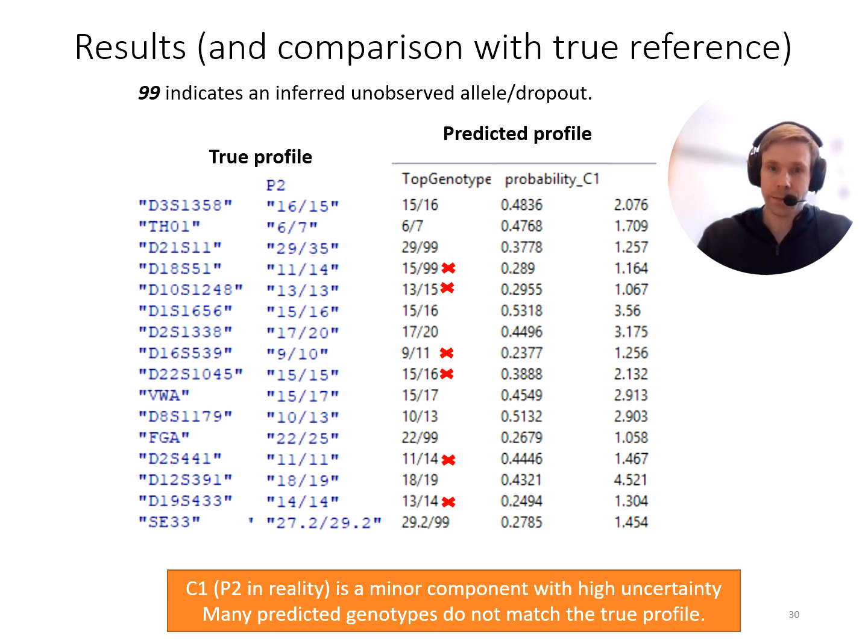It's unobserved. When we compare the predicted to the true profile, we get quite a few markers which are predicted wrong. And we also see that the ratio to next values are quite low. So this is expected.